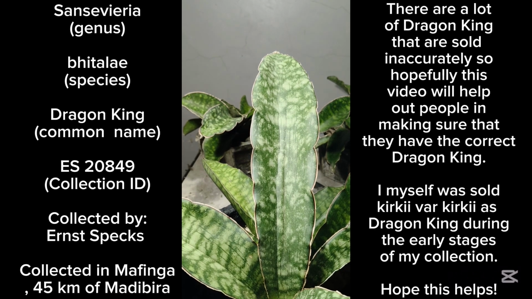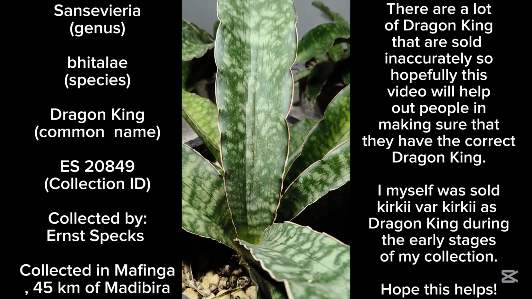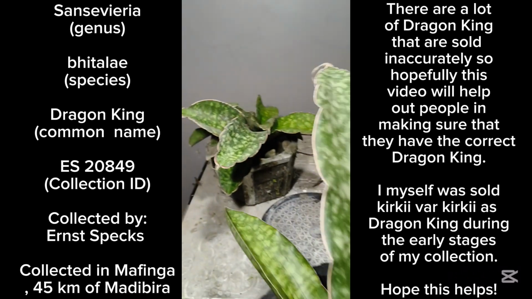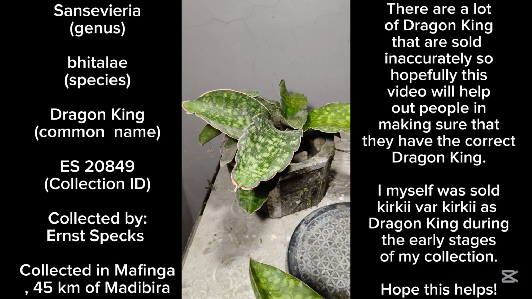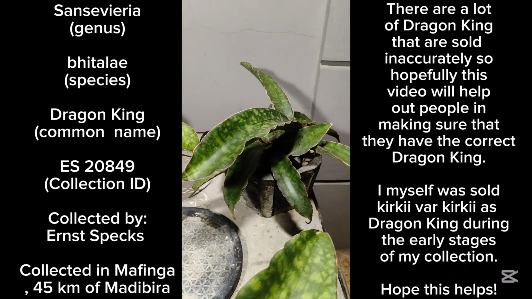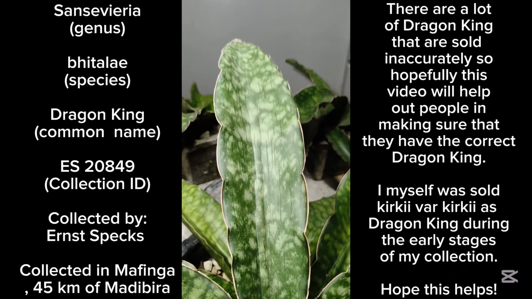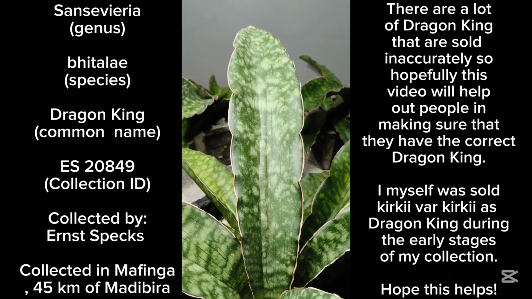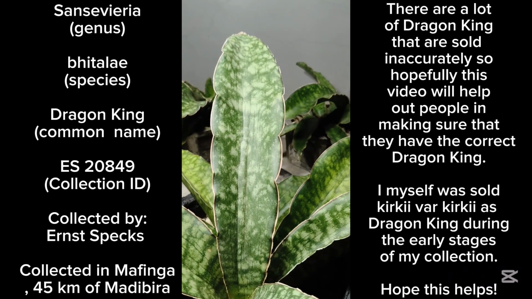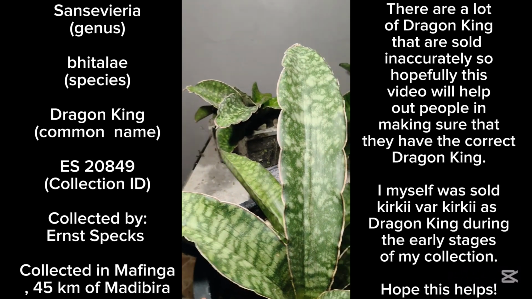For one, we will be discussing the difference between Dragon King, which is the one in front of you right now, Dragon Wing, the one on the left side, and on the right side is Jade Dragon. All these three Sansevierias have the trade name or the alias of dragon, because they're really dragon-like in appearance.